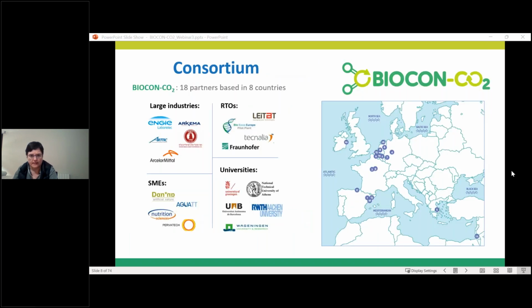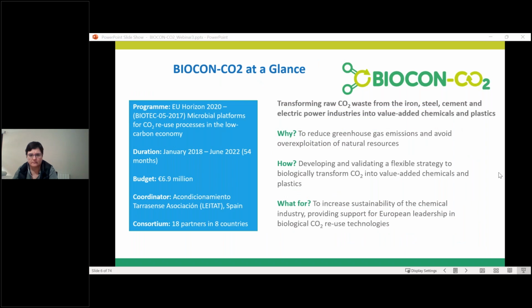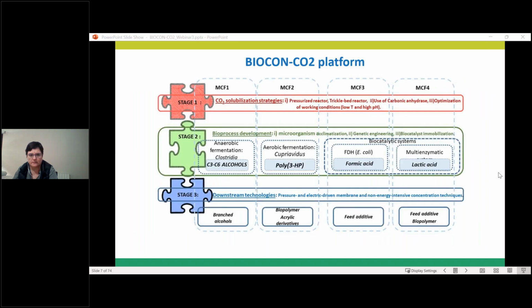This is more or less the scheme of the project. As I mentioned, BIOCON-CO2 is a versatile platform where we divide the process of bioconversion of CO2 into added value products in 3 steps. The first one is focused on developing strategies to increase the solubility of CO2.